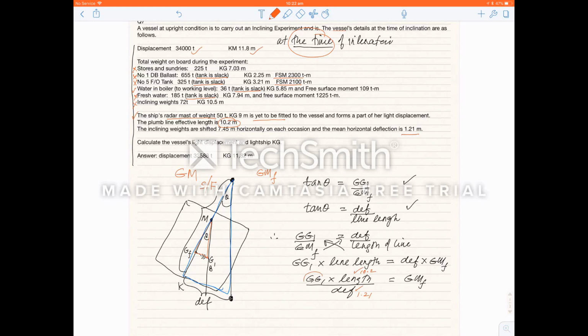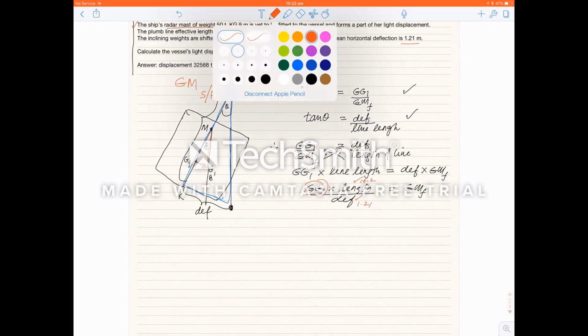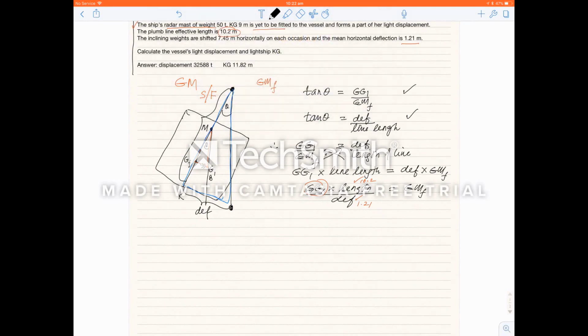So GG1, we work it out separately. Small d is how far the inclining weights were moved, 7.45 meters horizontally.